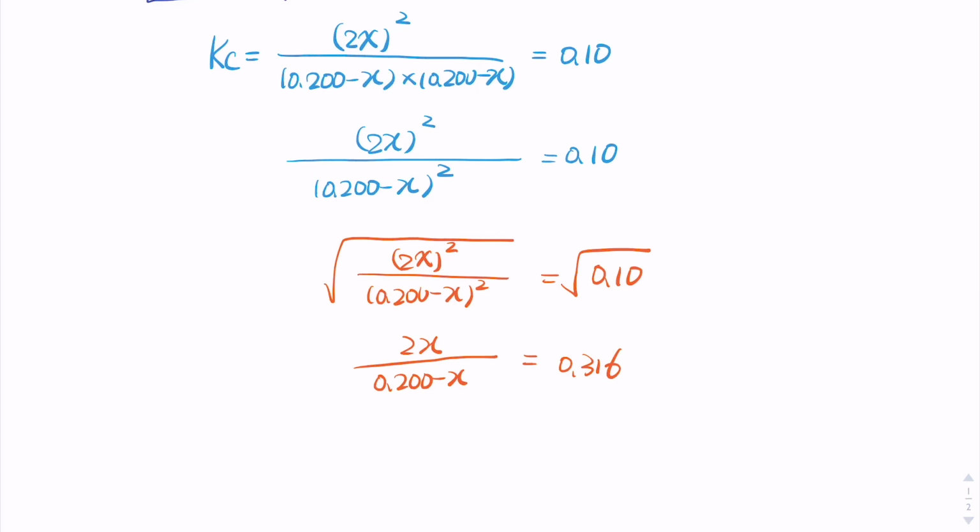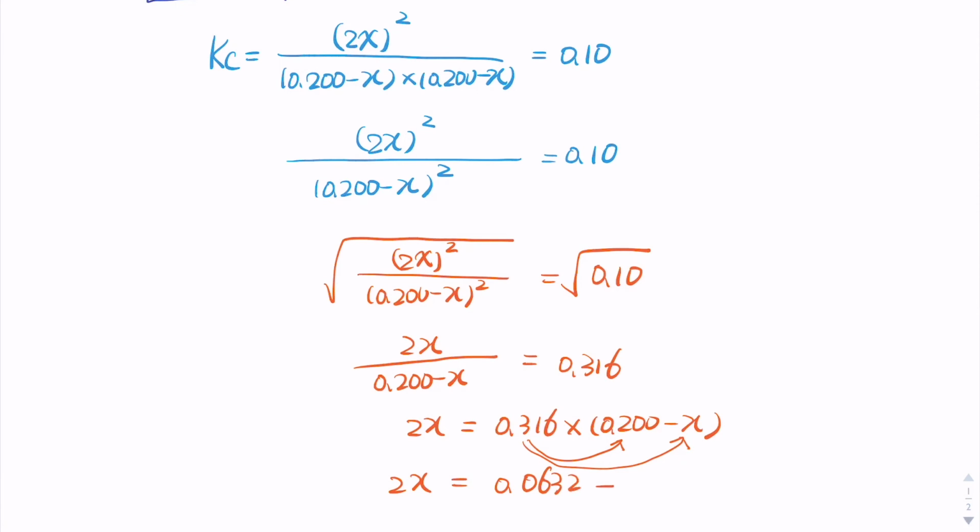At this moment we'll cross multiply and solve for x. So 2x equals 0.316 times (0.2 minus x). Now you just need to distribute the 0.316, multiplying the 0.2 and the x. After you do that, you have 2x equals 0.0632 minus 0.316x.